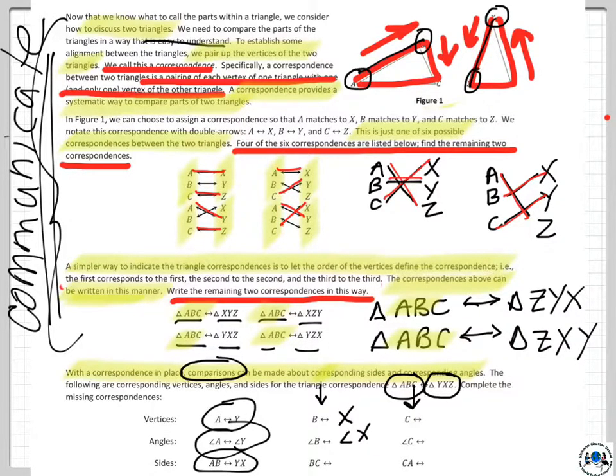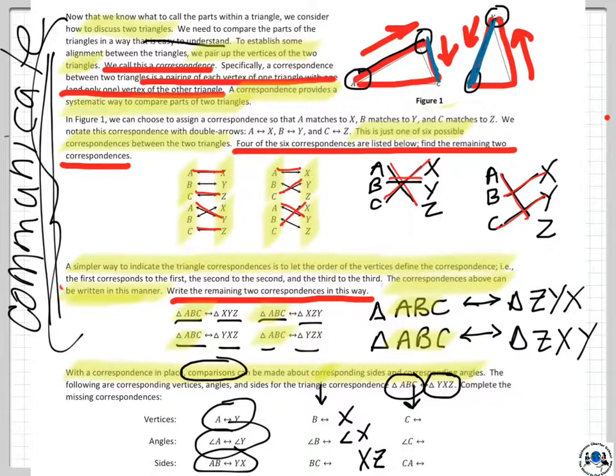And then of course the line BC. That line BC corresponds to XZ. So again, we have a different kind of correspondence here.